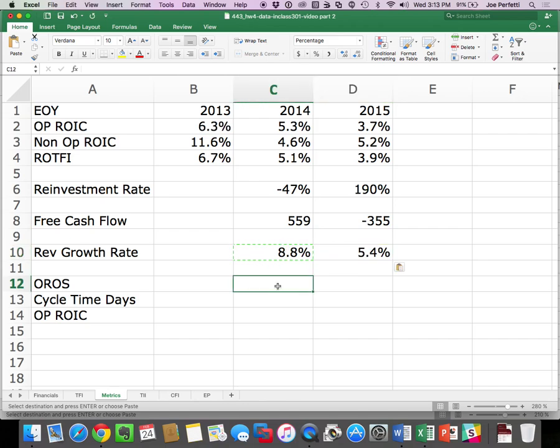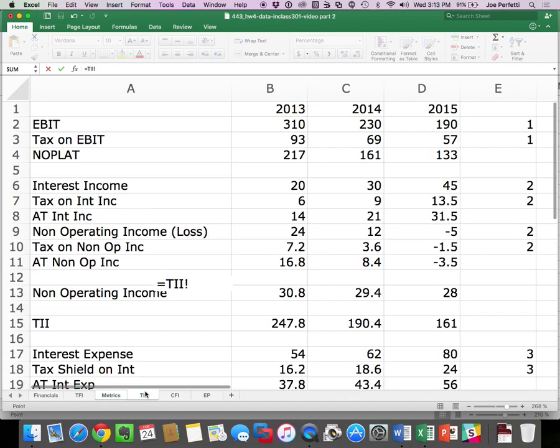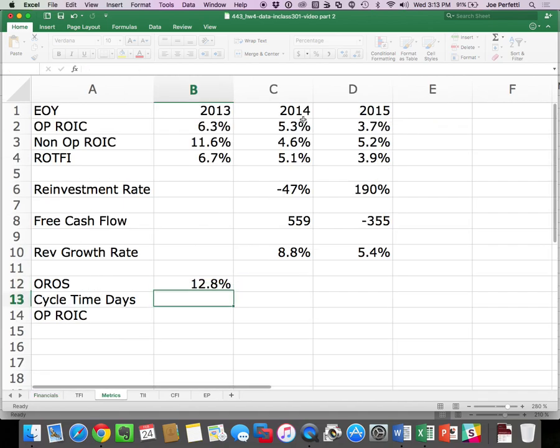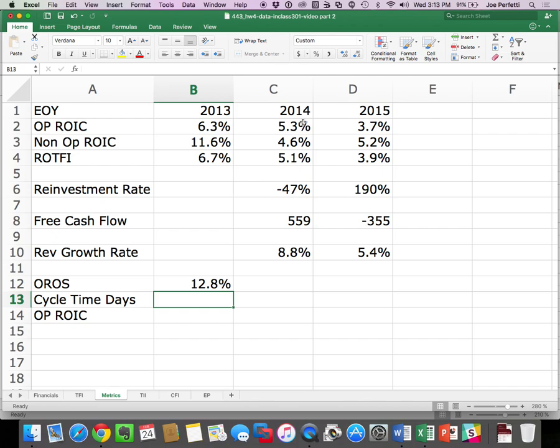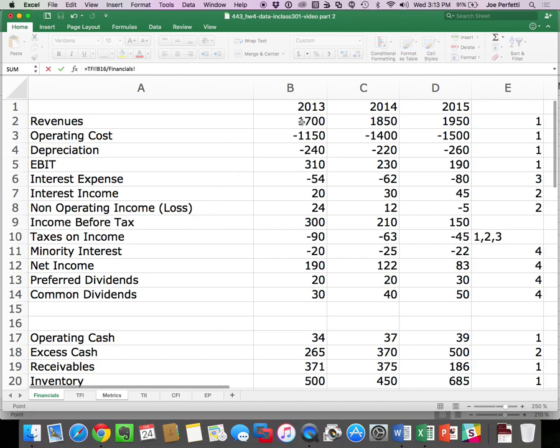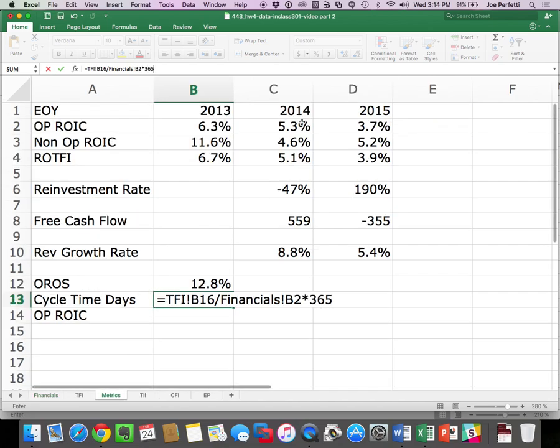Okay. Operating return on sales equals, and I can do this for all 3 years, my operating profit after tax, we call that NOPLAT, divided by financials, sales, revenue. That's my margin on operations. Cycle time equals invested capital, so I go back to my TFI, divided by sales times 365.